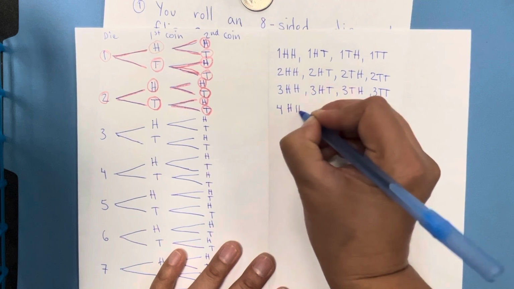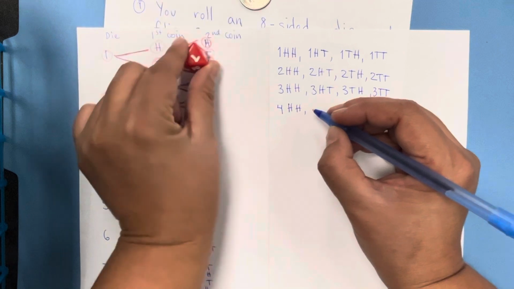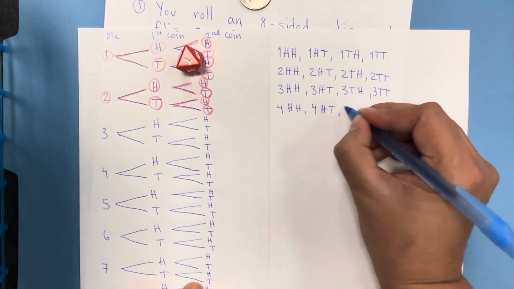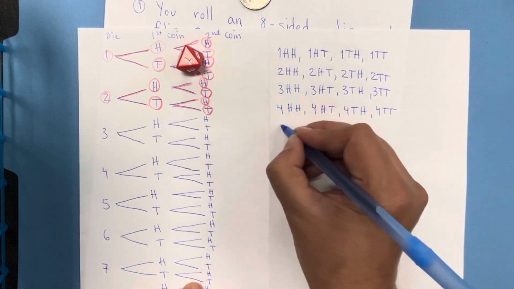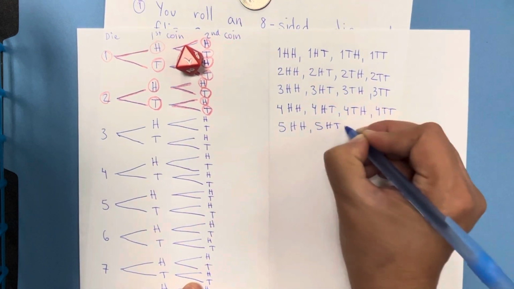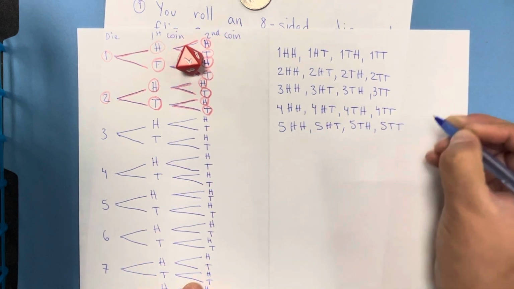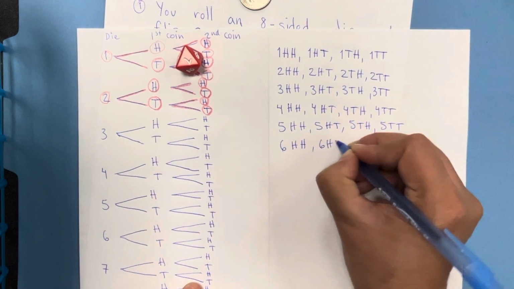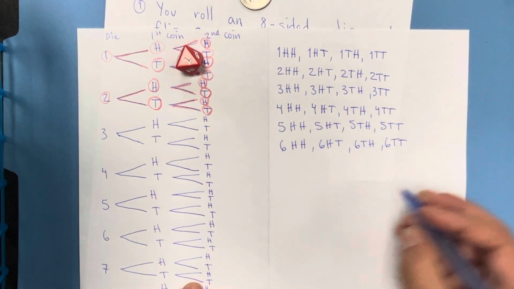4 with the same letters, because we're going to get the same combinations for each number on these dice, okay? 4 heads, tails, 4 tails, heads, 4 tails, tails. Same for the 5. And the 6. 6 heads, tails, 6 tails, heads, 6 tails, tails.